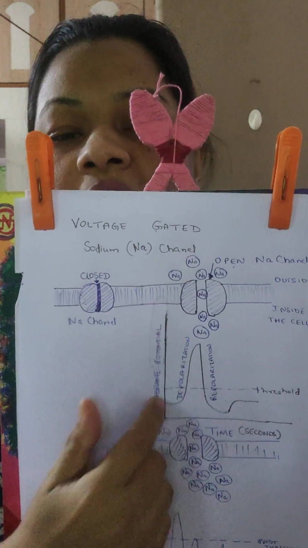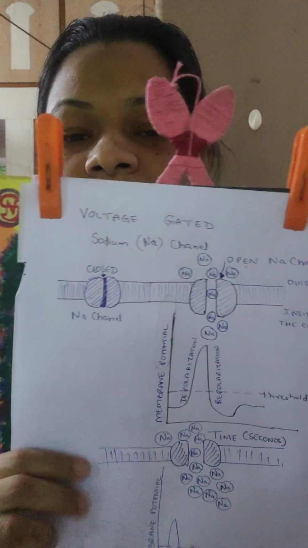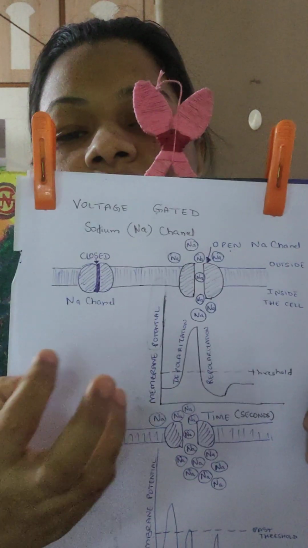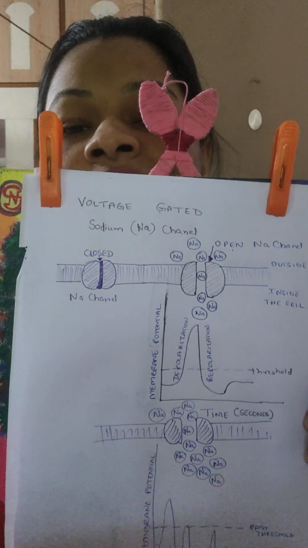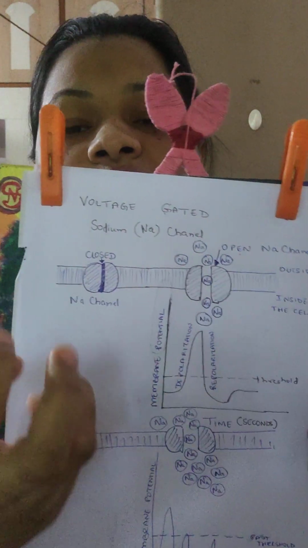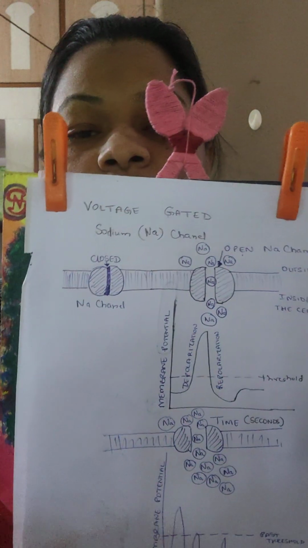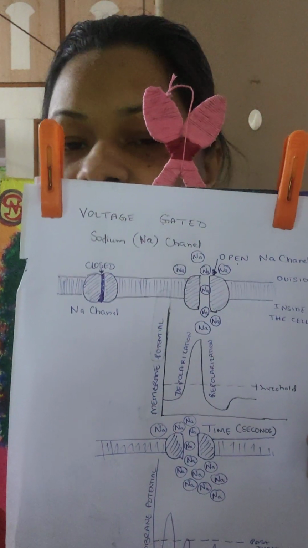So if this is a cardiac cell where an action potential is generated, it will cause the cardiac muscles to contract, and that contraction allows for the ventricles to eventually get filled with the blood.